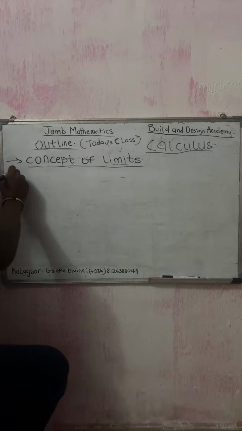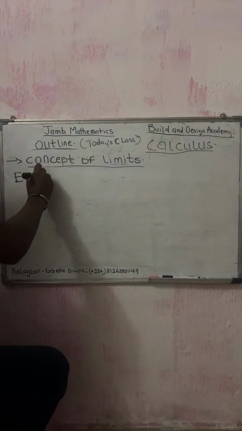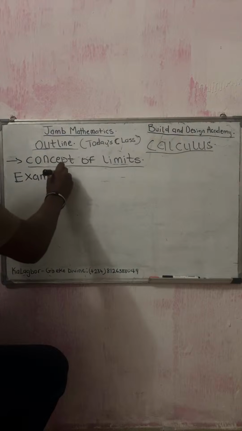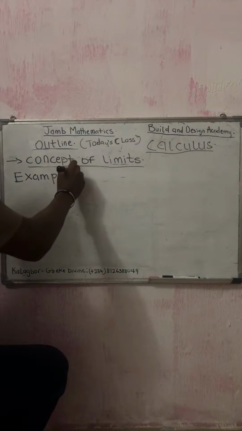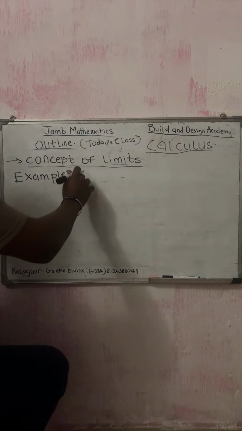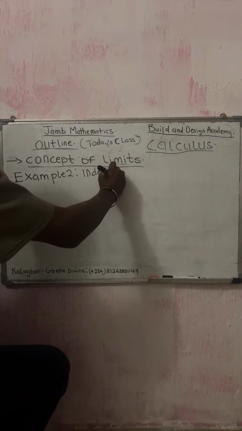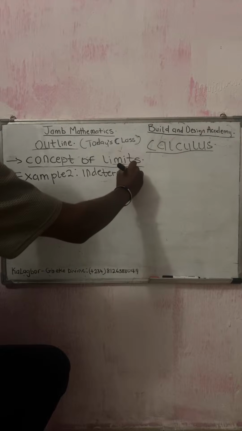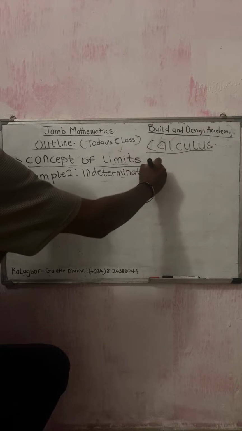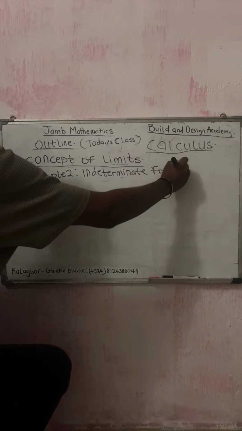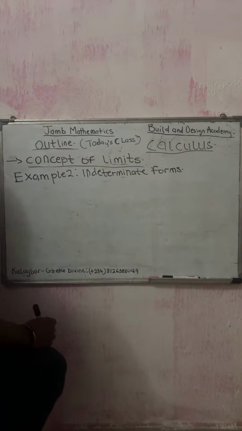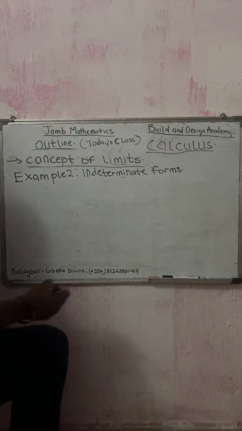Now, example 2. This is for indeterminate forms. So for indeterminate forms, it will be factoring.